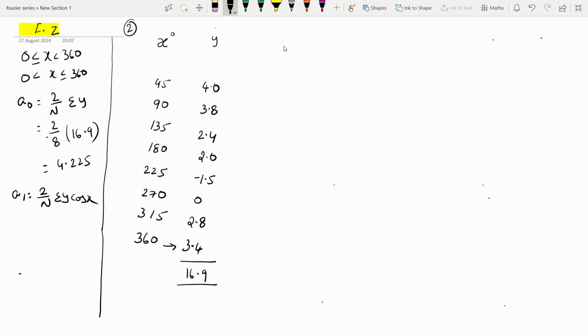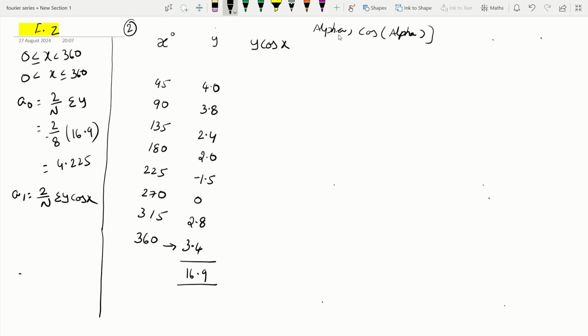If you are familiar with the calculator, then you can directly go for y into cos x. Please enter this in your calculator: take alpha, comma, and cos, open bracket, alpha, closed bracket, again closed bracket. The alpha button will be there in a scientific calculator, then the comma button.